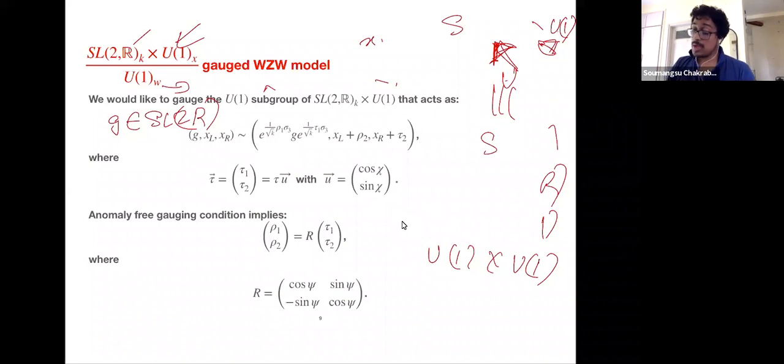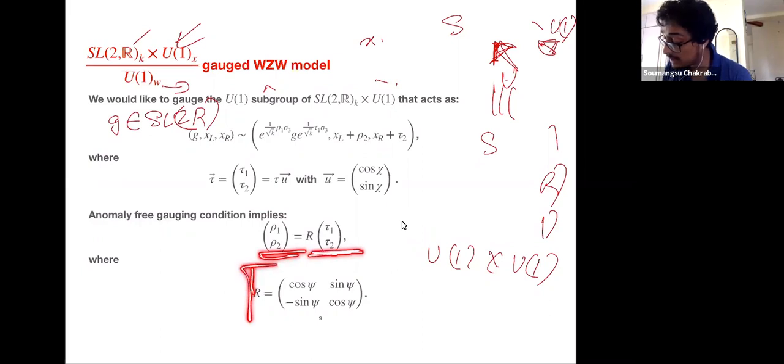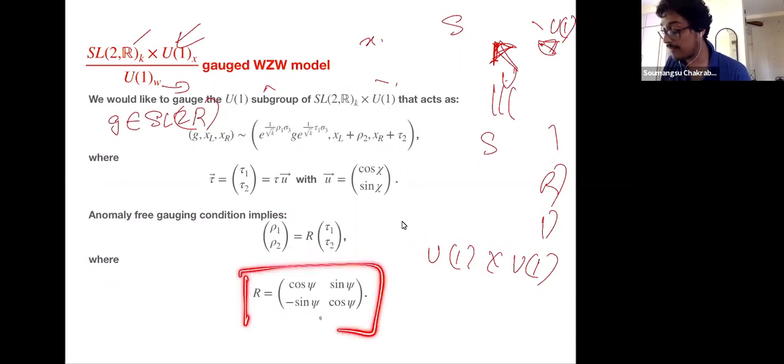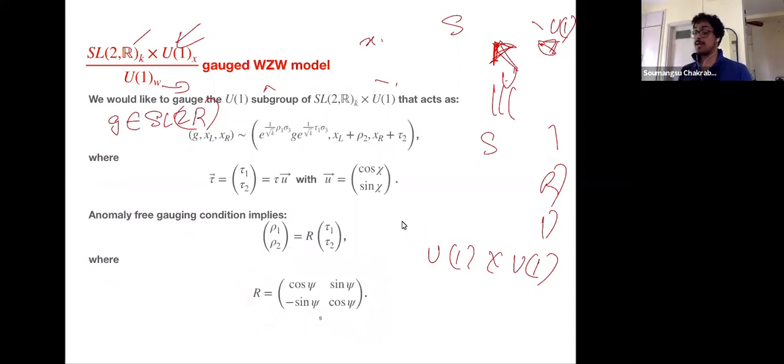Now you want to have a theory that is anomaly free, and once you impose the anomaly free condition, it's going to give you that the rho vector is related to the tau vector by some rotation. Basically, rho squared equals tau squared. And from there, without loss of generality, you can think of rho and taus as related by this nice rotation matrix.